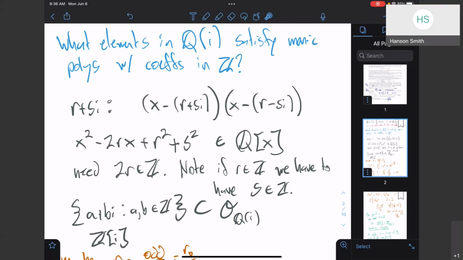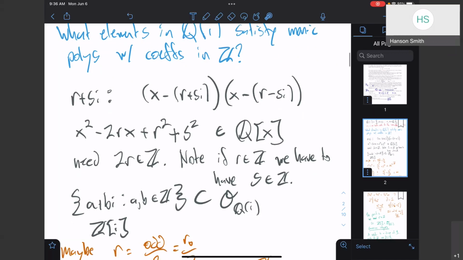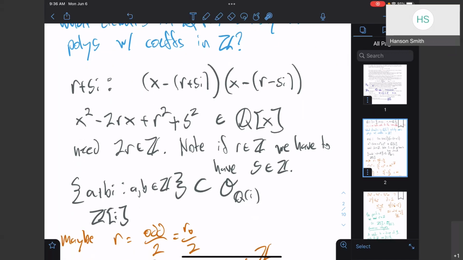Essentially, off the top of my head, this is how I cook up a monic polynomial that your element in your number field satisfies. And what we'll end up doing is changing to each of the different roots as we go through. We'll talk more about that for sure. Great question.